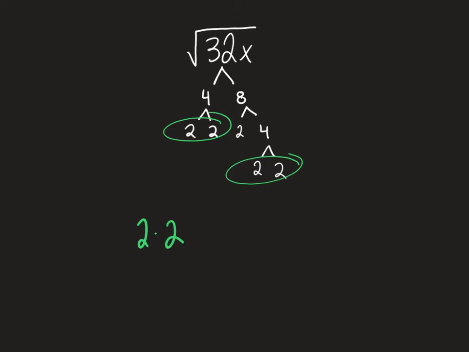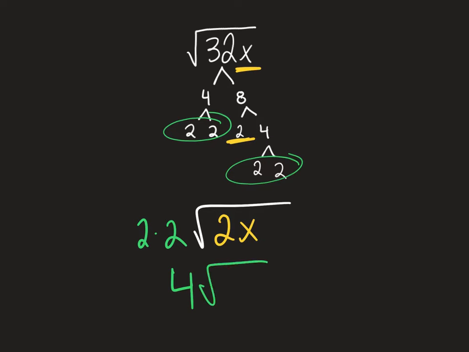So on the outside we've got a 2 times 2, and then inside we have our 2 left and our x left. So then you can multiply those 2's on the outside, making your final answer 4 times the square root of 2x.